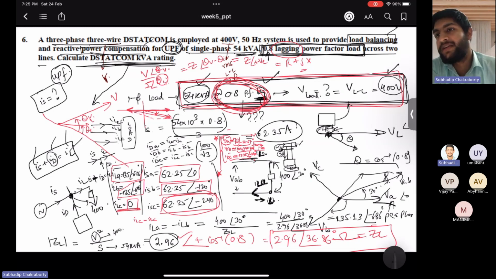Then a self-supported DSTATCOM, you just connect, it will work. But not in this case. So there are some constraints which you need to understand. It is not that you connect a DSTATCOM and you will get everything. You need to have some topological adjustments also in order to arrive at the functionalities or features that you want. So control will not always give you whatever you want. I hope you get what I mean.